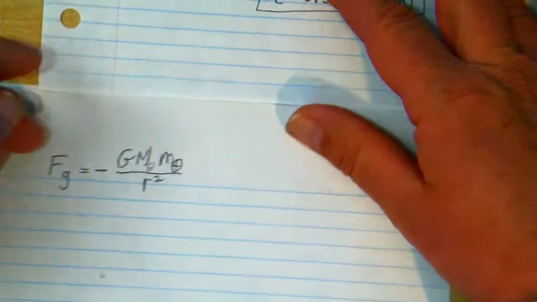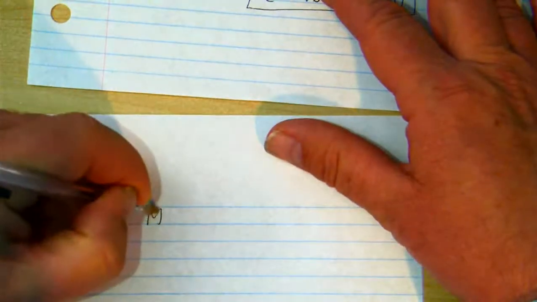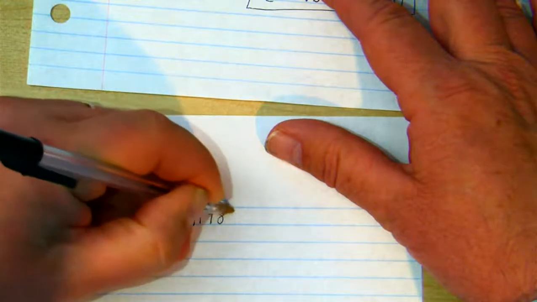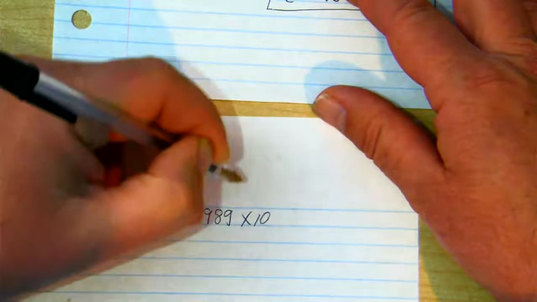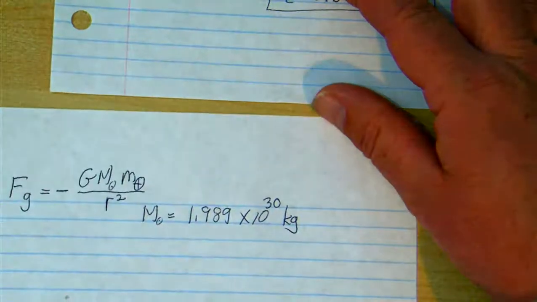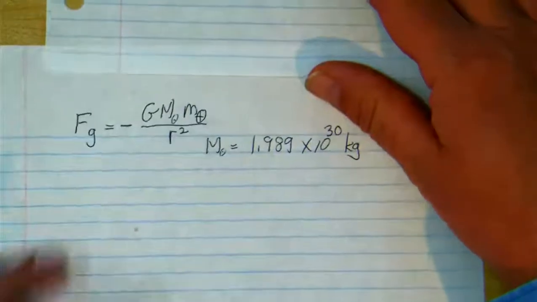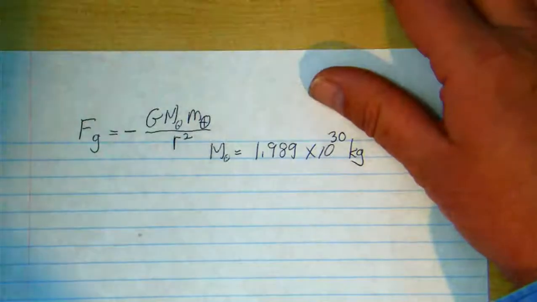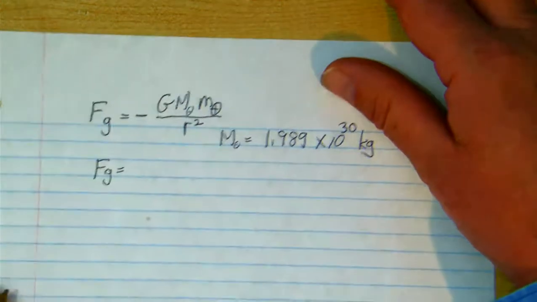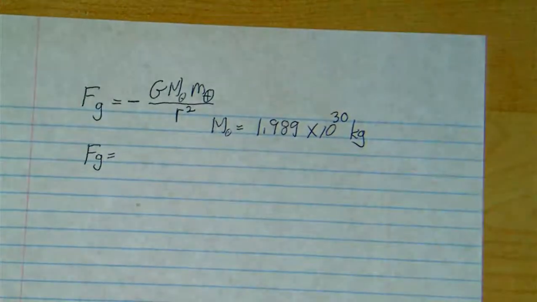Well, if I ask Lord Google, what is the mass of the Sun? It says something like 1.989 times 10 to the 30th power kilograms. Calculate, please, what is the magnitude of the force of gravitational attraction between the Earth and the Sun?